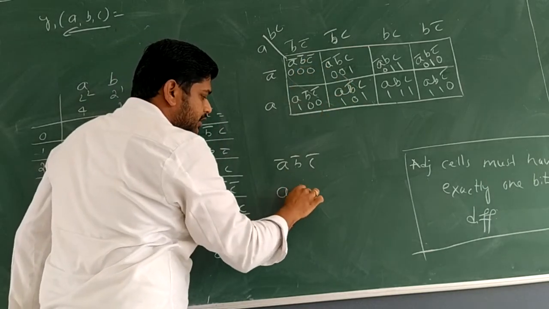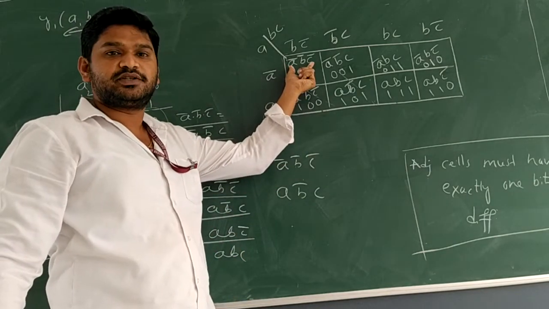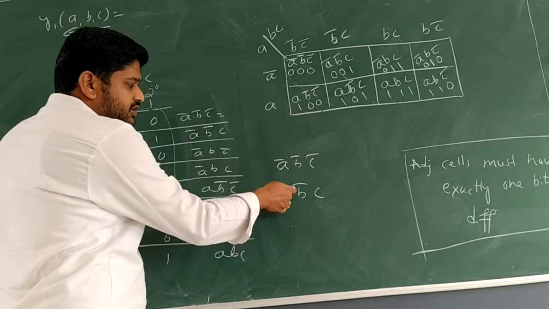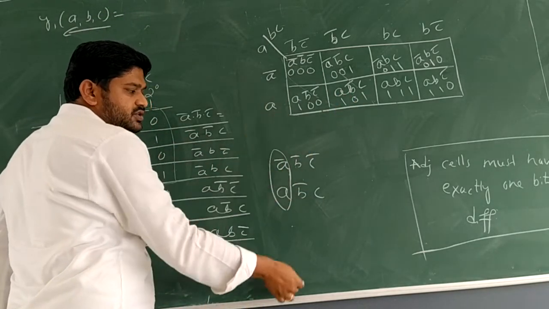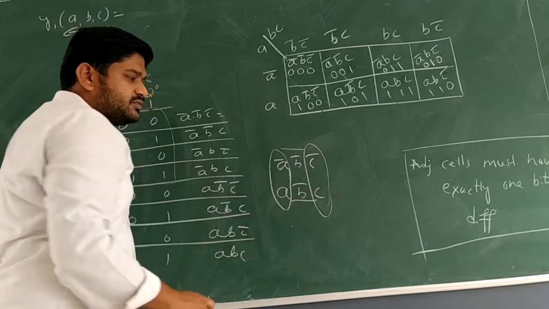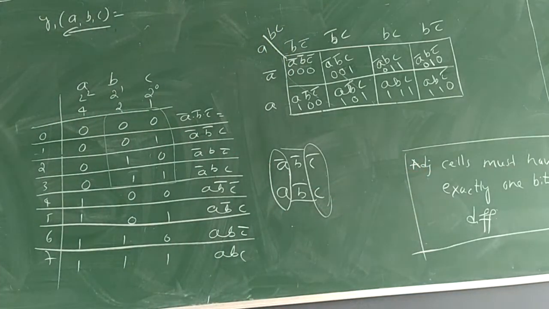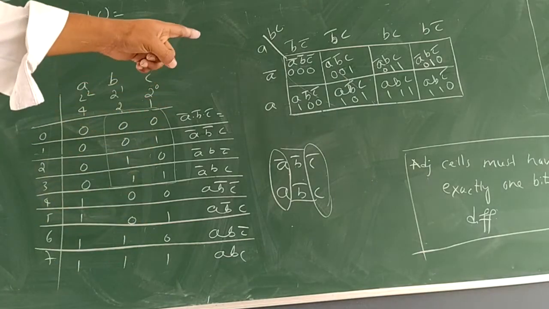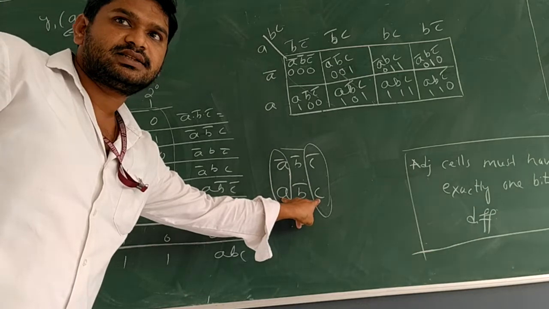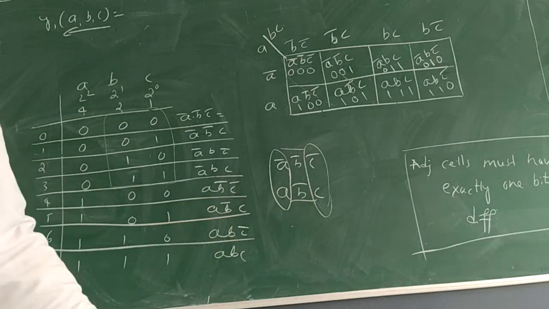This is A, B complement, C. See the change? First change and second change. But definitely there is one similarity. The basic definition of K-map is that adjacent cells must have exactly 1 bit difference. Here two variables have a difference, hence they cannot be considered adjacent.